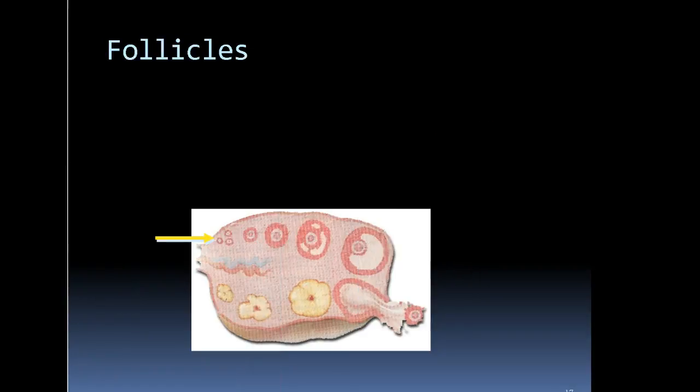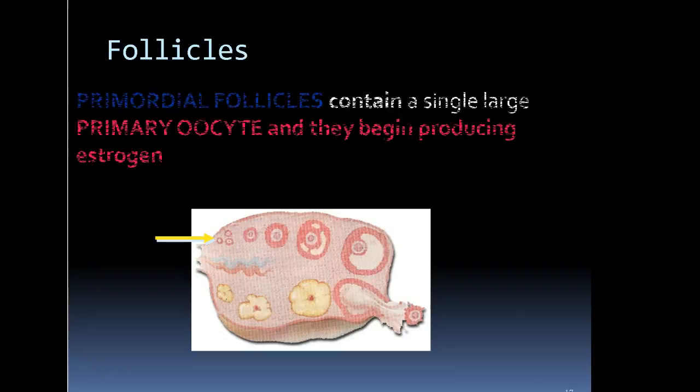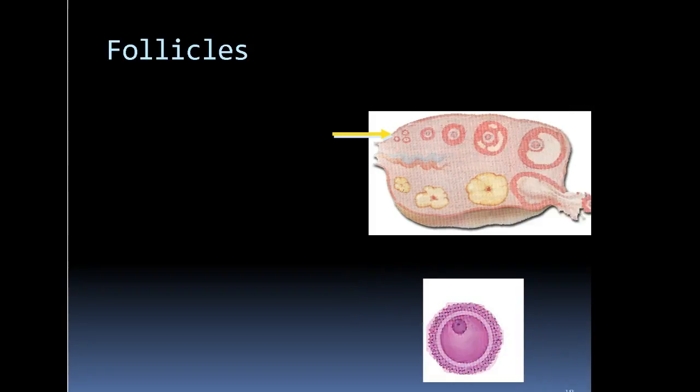Here is an ovary, and that first yellow arrow is pointing at the primordial follicles, and it says the primordial follicles contain inside a single large primary oocyte, and as they begin this maturation process, they begin producing estrogen.